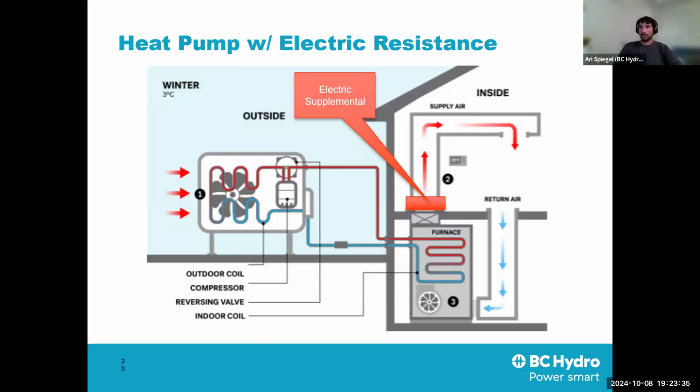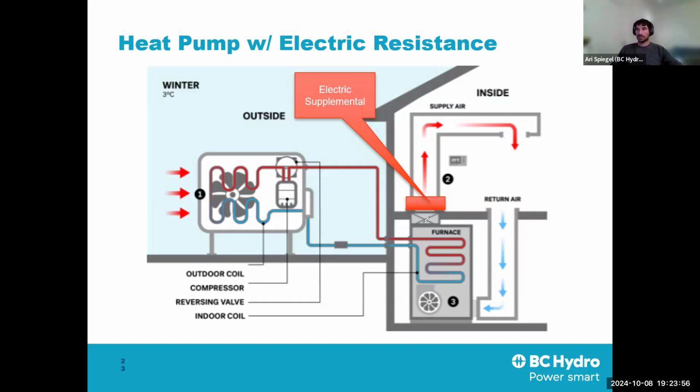So what is a heat pump with electric resistive? Going back to our first conventional system, we've got our outdoor unit, our refrigerant lines, and our furnace or air handler system with our refrigerant coil. An electric supplemental is an electric resistive heater located downstream of the heat pump.